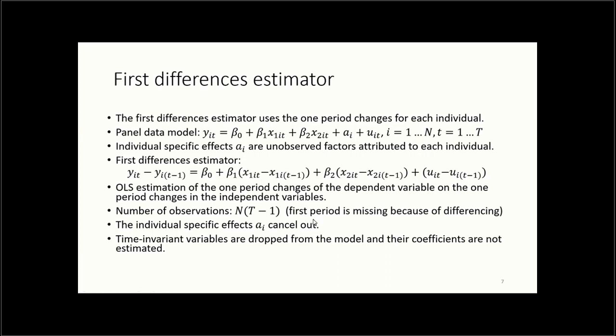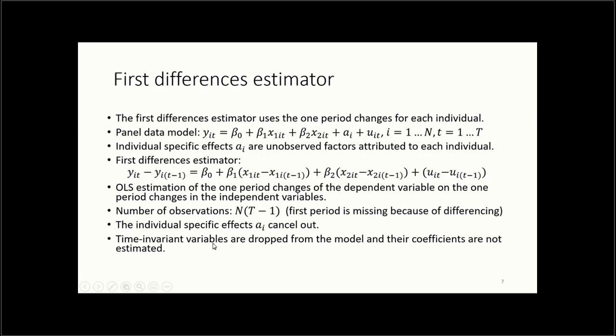of the differencing. Note that the individual specific effects a_i cancel out because if we have a_i in period t minus a_i in period t minus 1, well, it's the same effect because it doesn't vary over time, therefore they drop out. What also drops out is time invariant variables, and their coefficients are not estimated.